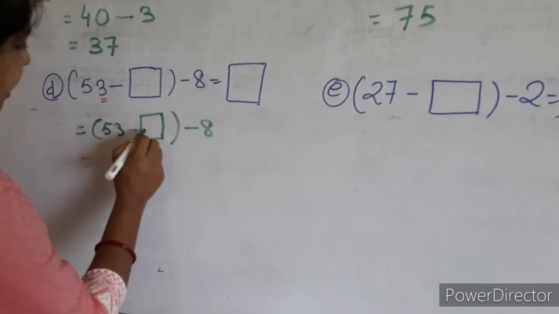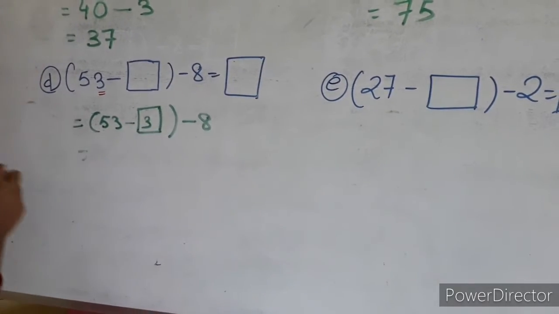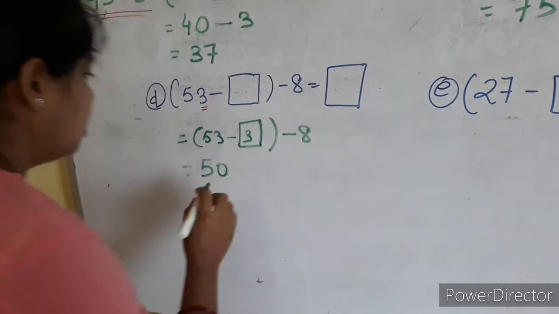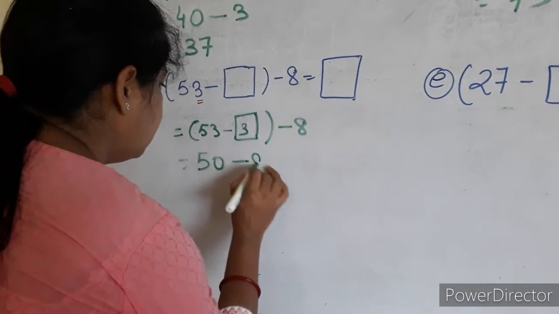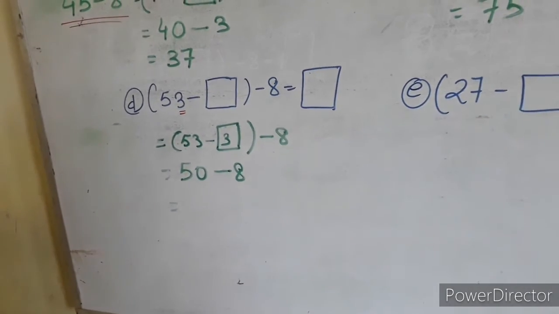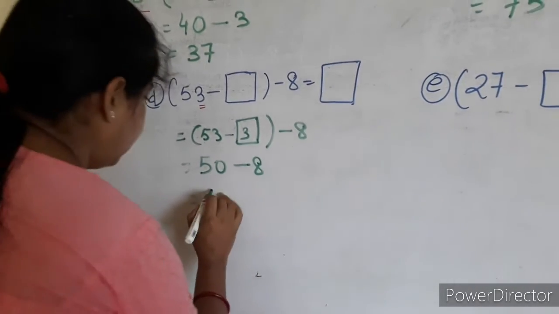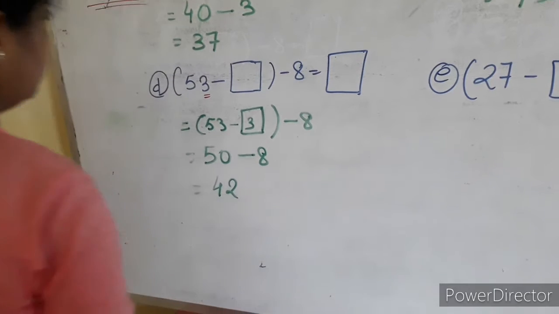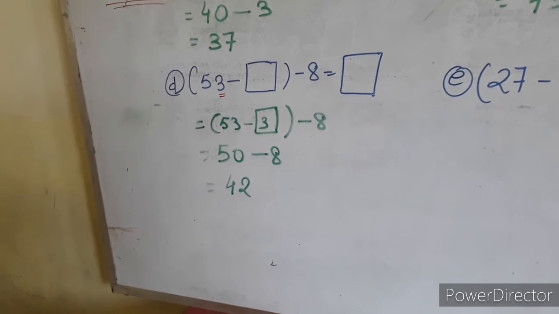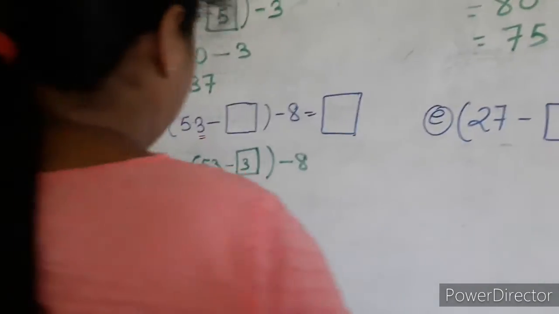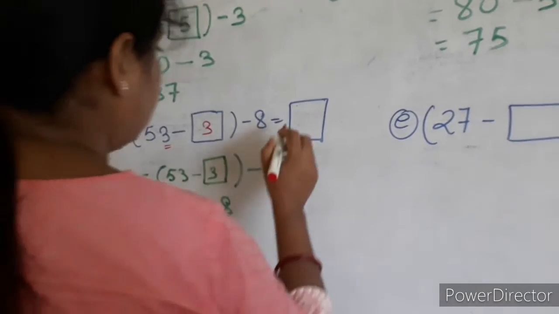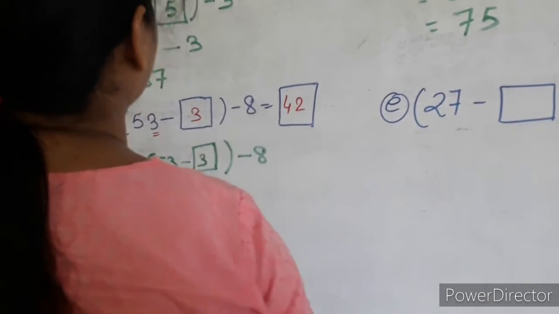That's why we have to write here 3, and you can write 50 minus 8, the answer is 42. You write here 53 minus 3 and this one is your 42.